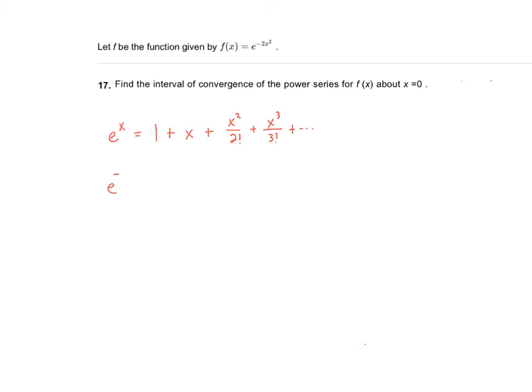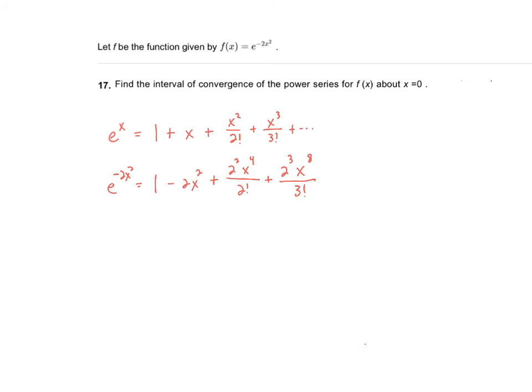Okay, if we plug in negative 2x squared, we get 1 minus 2x squared, plus 2 squared x to the 4th over 2 factorial, and then plus 2 to the 3rd x to the 8th over 3 factorial.